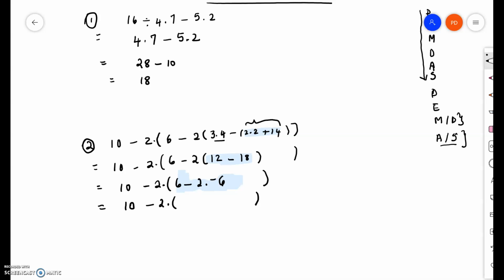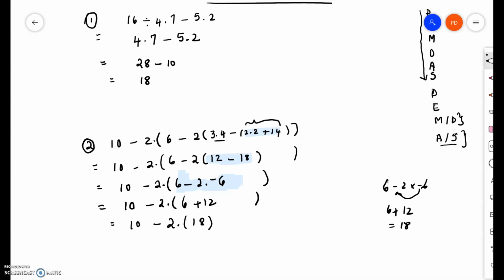So 6 minus 2 times negative 6. Negative times negative is positive. So that is 6 plus 12, which is equal to 18.